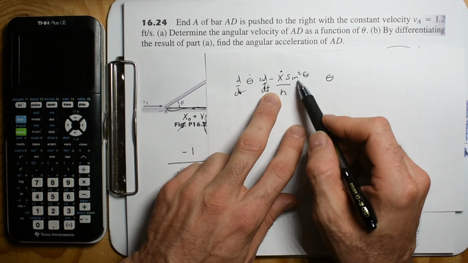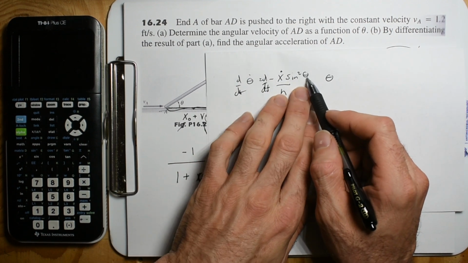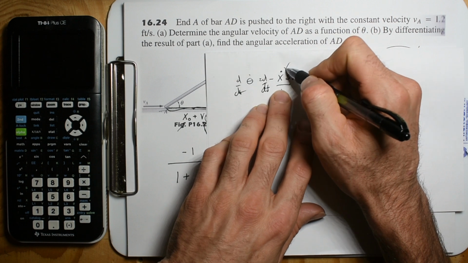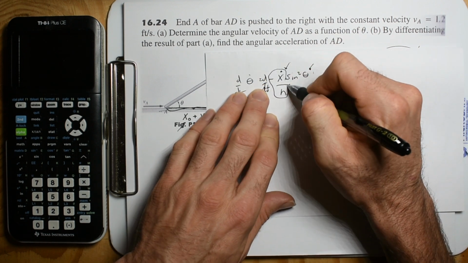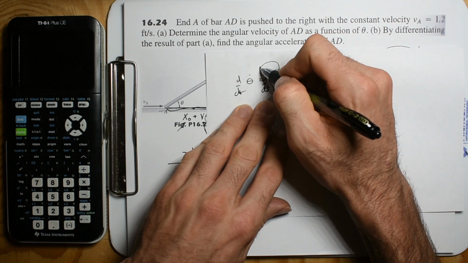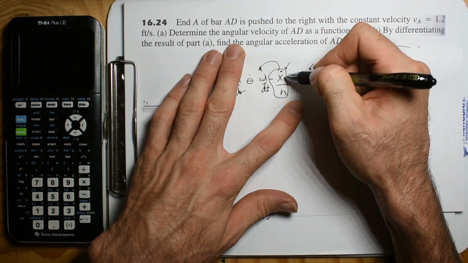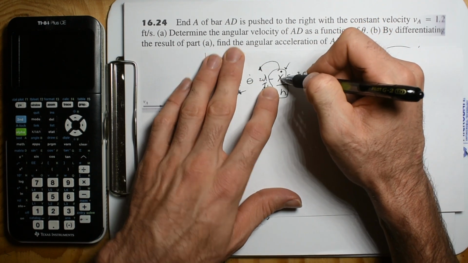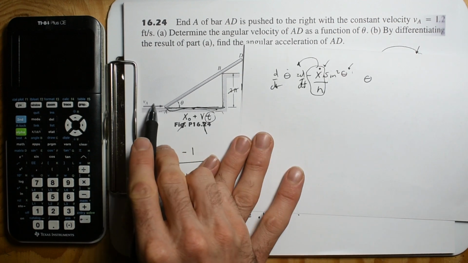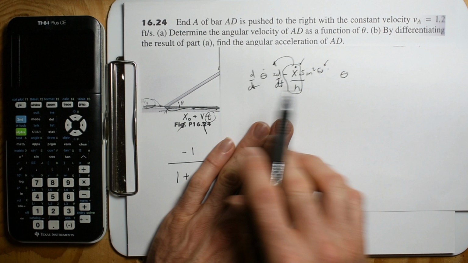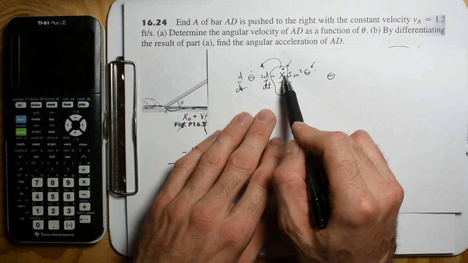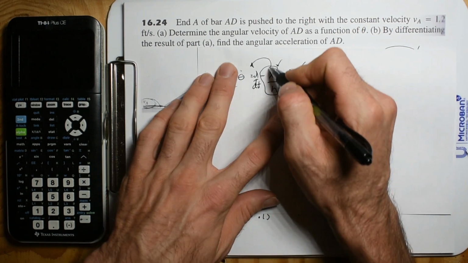None of these are with respect to time. Well, this one is with respect to time, but this one's not. And we just said we identified that these are constants, so let's bring them outside, even though that's kind of an advanced maneuver. Who knows if there might be acceleration of this, but by definition it says this is moving at a constant speed. If you didn't know, you would have to differentiate this with respect to time, and you would have a product.